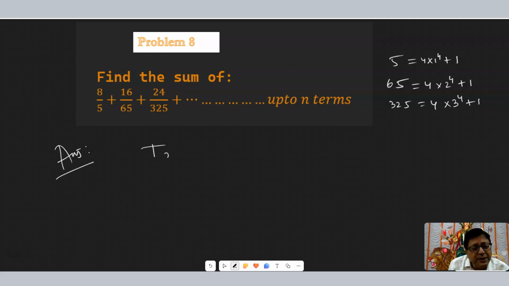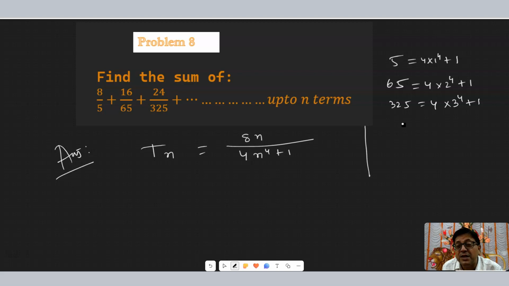So Tn we can write as: numerator is okay, 8 into 1, 8 into 2, 8 into 3, you write just 8n. And denominator is going to be 4 n to the power 4 plus 1. And this factorization you have seen in many places. Because 4 n to the power 4 you write as 2n square whole square plus 1. 2 into 2n square you add, and this you subtract also.